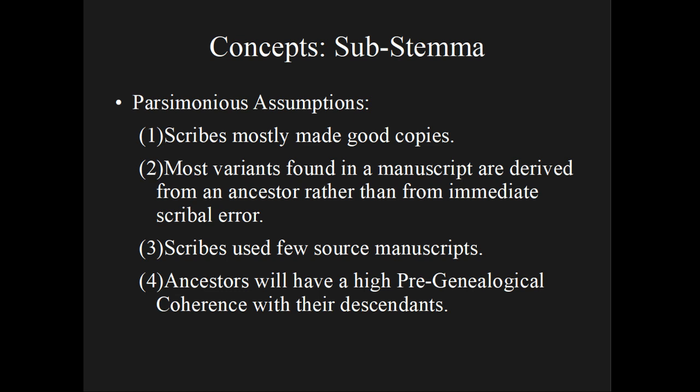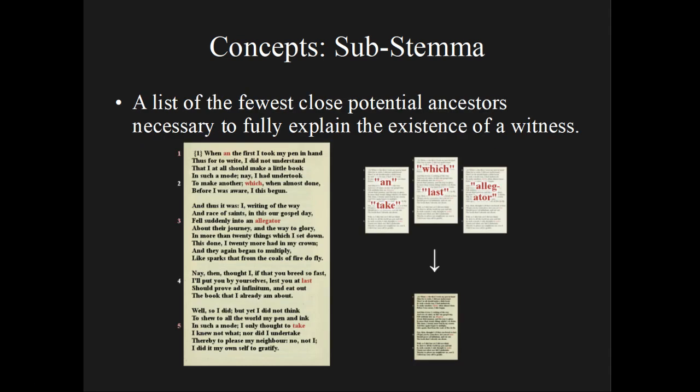And 4, ancestors will have a high pre-genealogical coherence with their descendants. These are just assumptions, of course. These are not so much provable in themselves. They're just, again, some assumptions that are made in order to continue with the system. And so with that, the idea of substemma is basically when we're looking at a text witness, if we're looking at a manuscript, right?